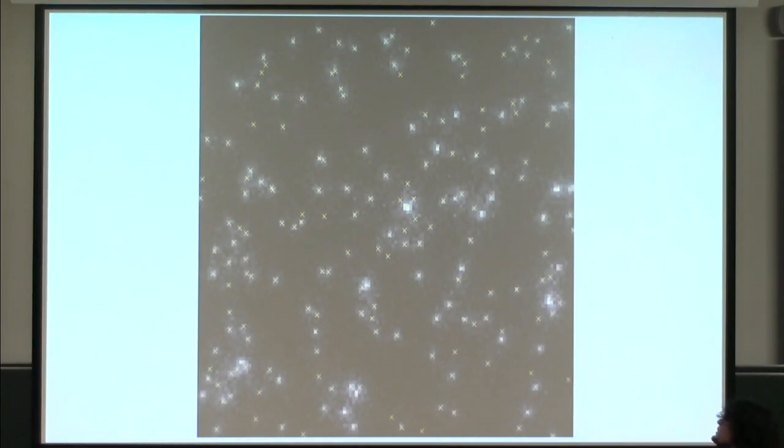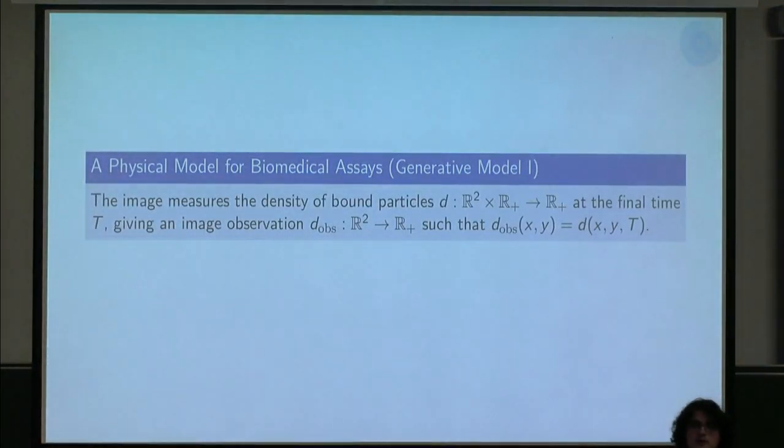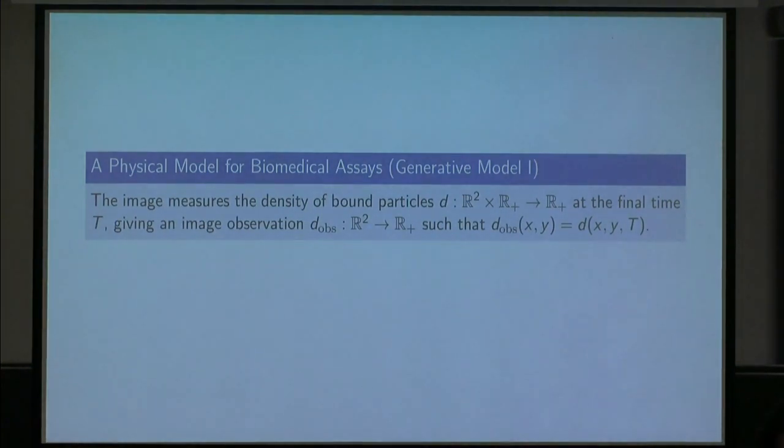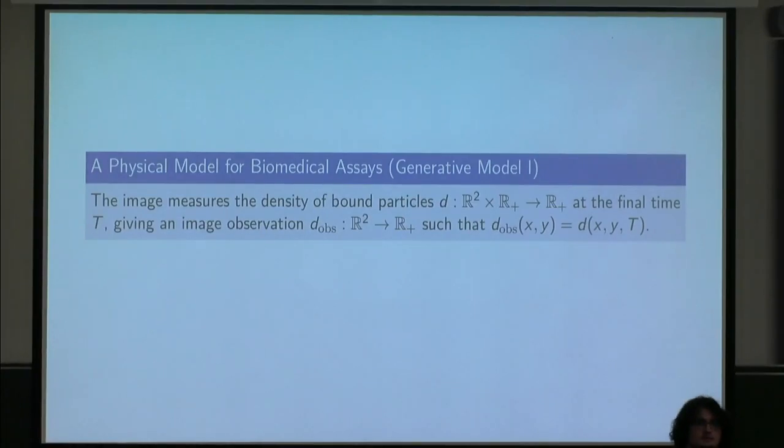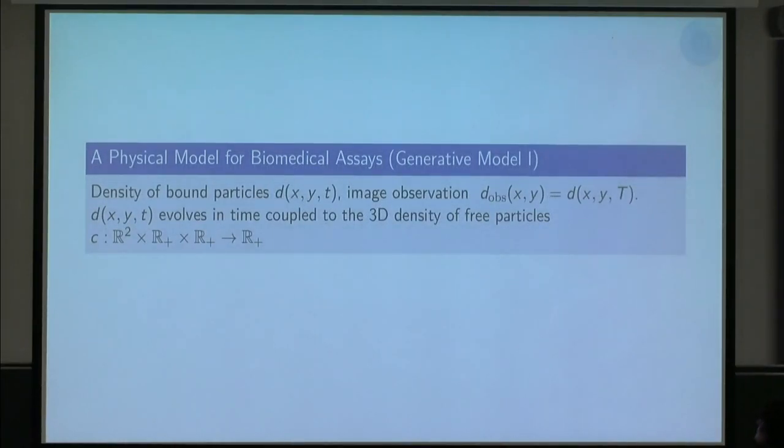So let's have a look at the continuous model. If we want to model this physical process continuously, we need 3 quantities. First is the density of bound particles at the bottom of the well. Second is the density of free particles that are floating around in the medium.